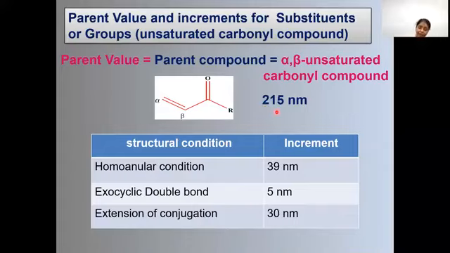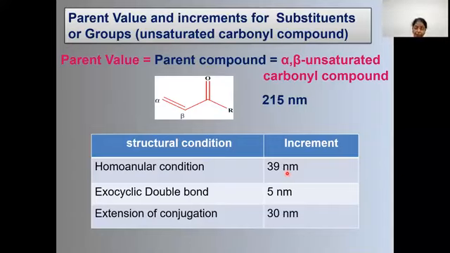Again, the same structural modifications, and for the functional substituents, what will be the value of increment? First, we look at the structural condition. If the homoannular diene condition is present, then the increment will be 39 nanometer.